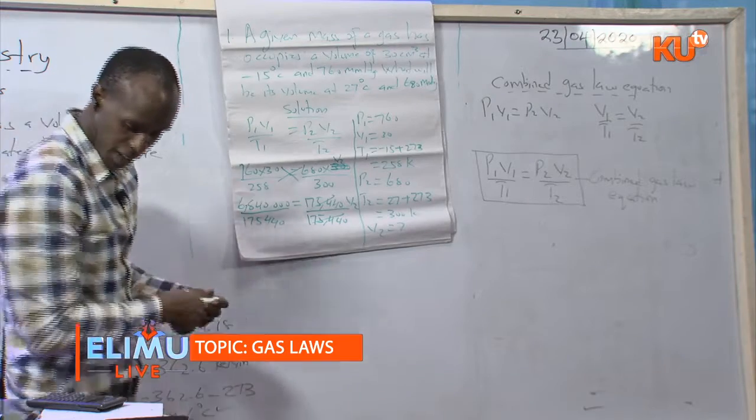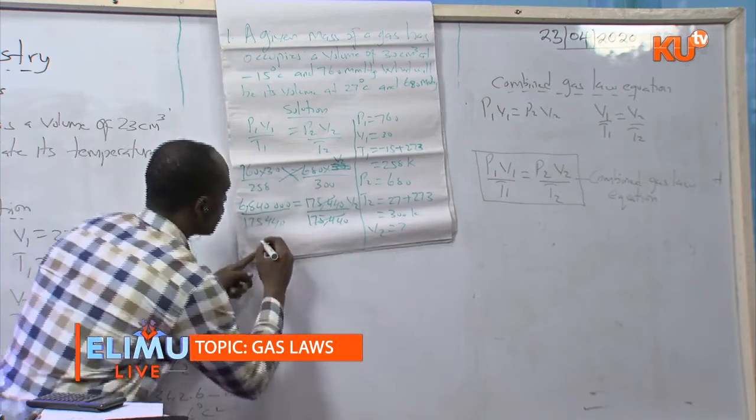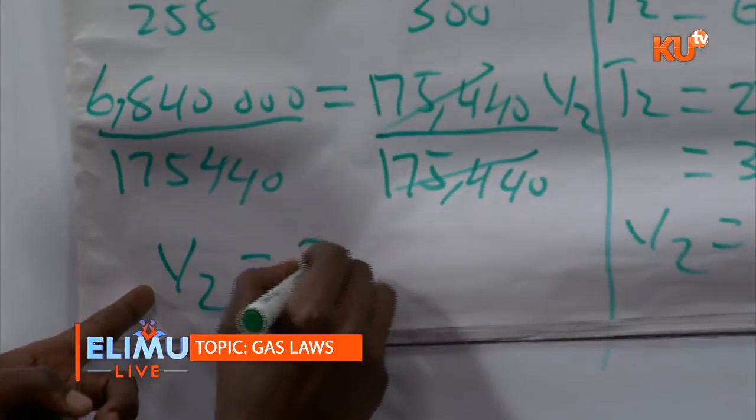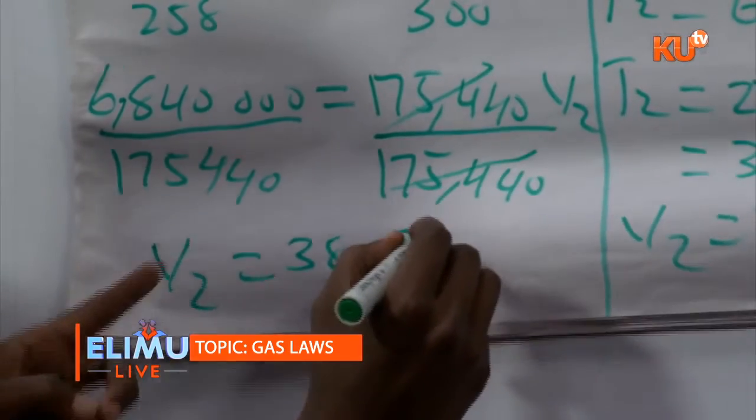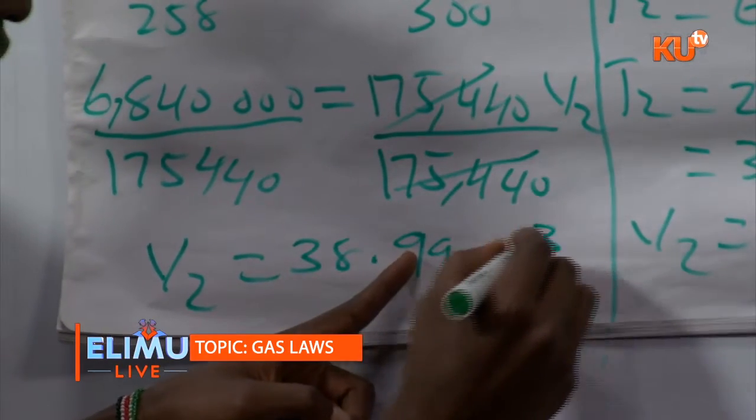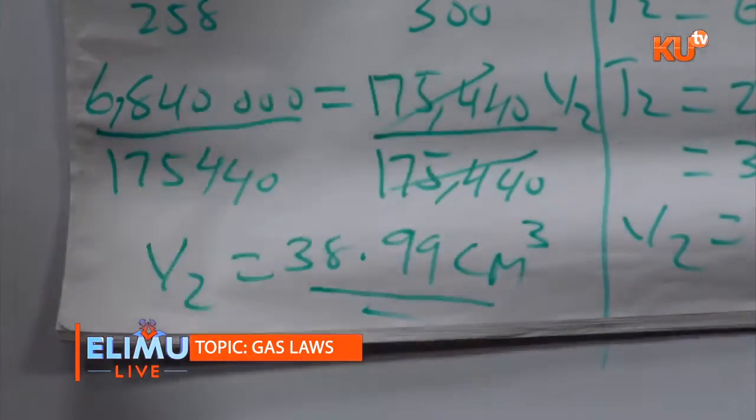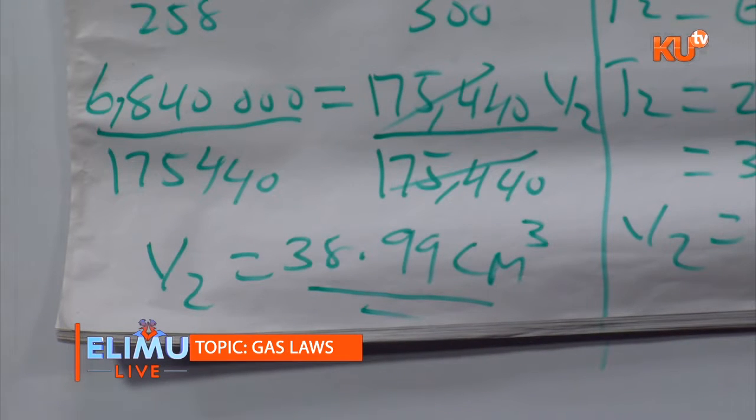That gives you 38.99. So V2 equals 38.99 centimeter cubed. And that's how you apply combined gas law.